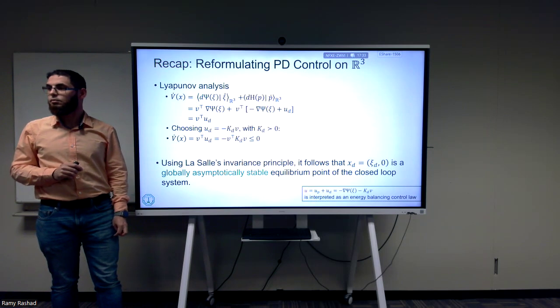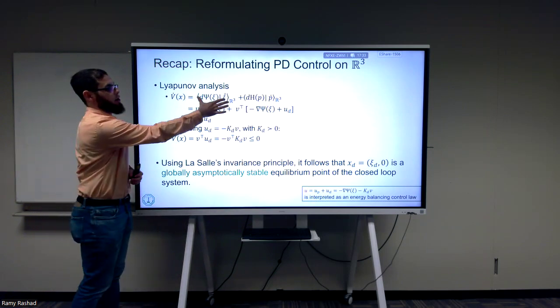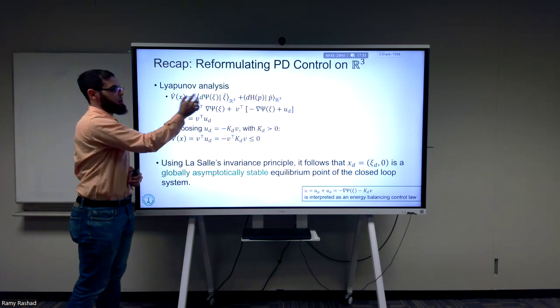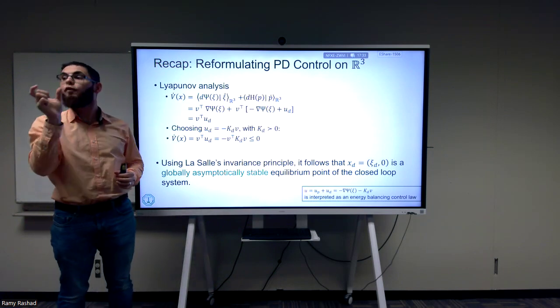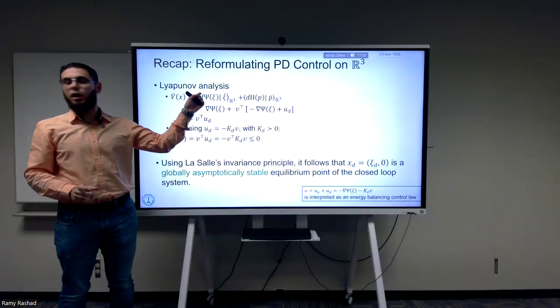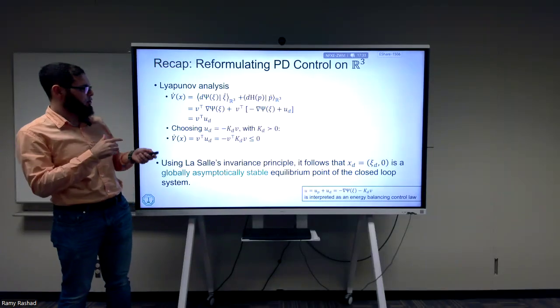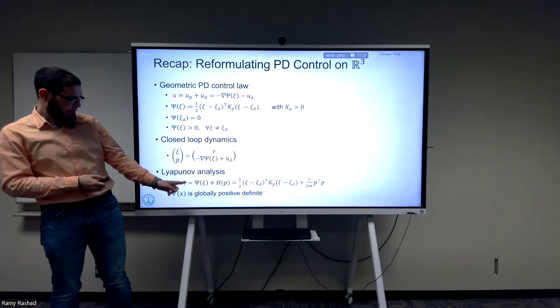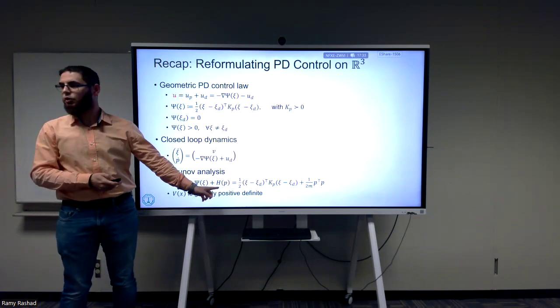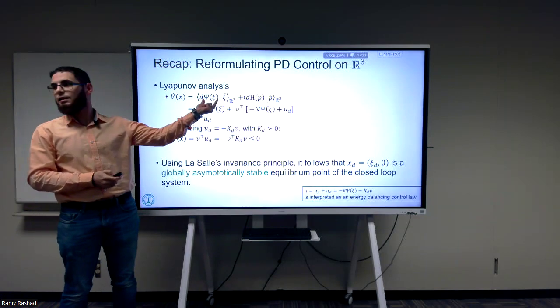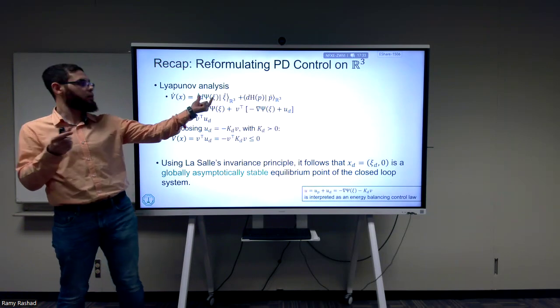It's only in R3, exact. What I write here is general. So the v dot is always the covector version of the, sorry, there's something here that's missing. Okay, so v, I can write it as psi plus h. So the v dot, I can write it as the psi dot plus the h dot.